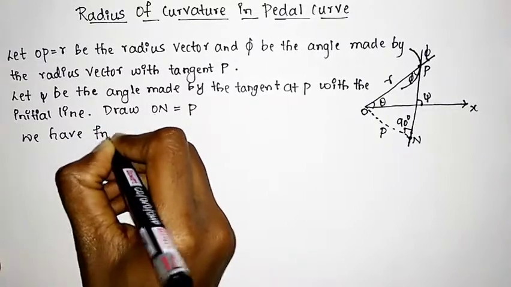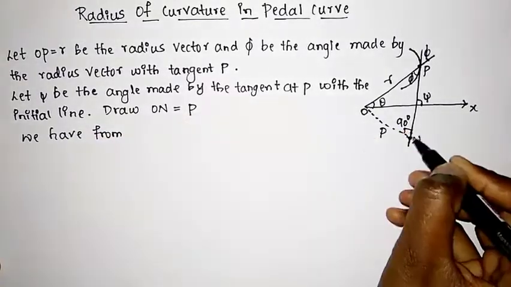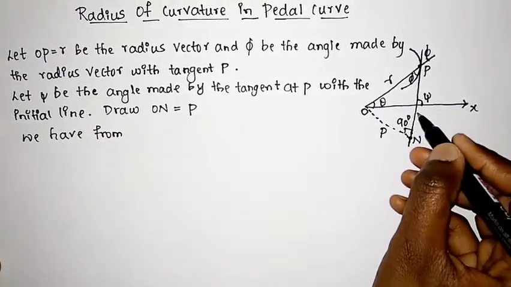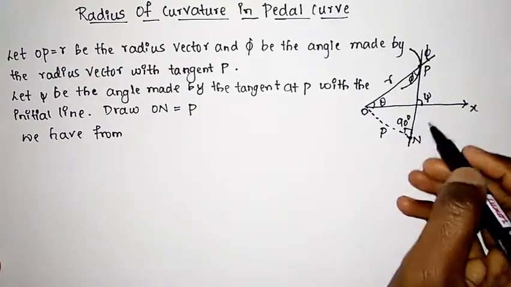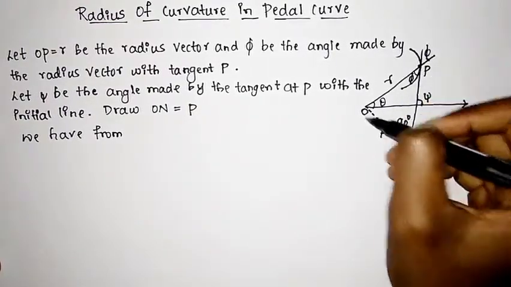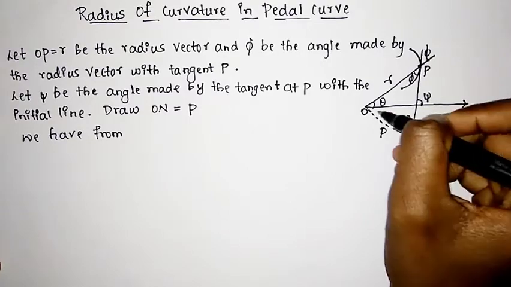From the triangle, we have considered that ON forms a right-angled triangle, that is ONP. So this is one big triangle.